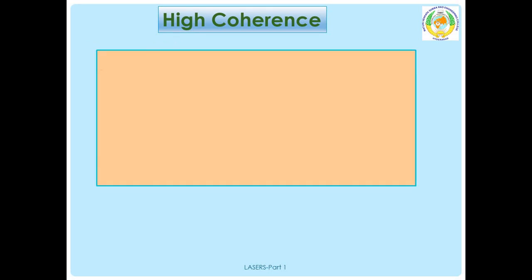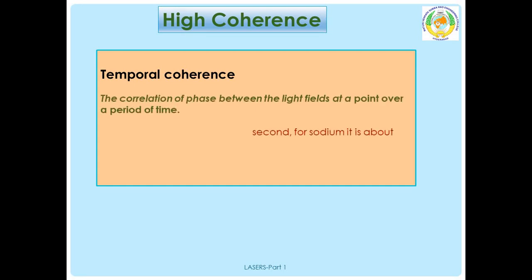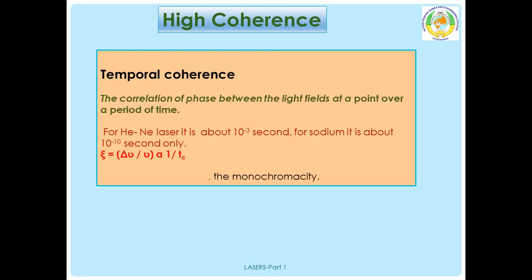Okay. And the next one is the temporal coherence. What is temporal coherence? Previously we spoke with respect to distance. But here it is the correlation of the phase between the two fields at a point over a period of time. The same example for helium neon laser, it is about 10 to the power minus 3 second, whereas for the sodium it is about 10 to the power minus 10 second only.